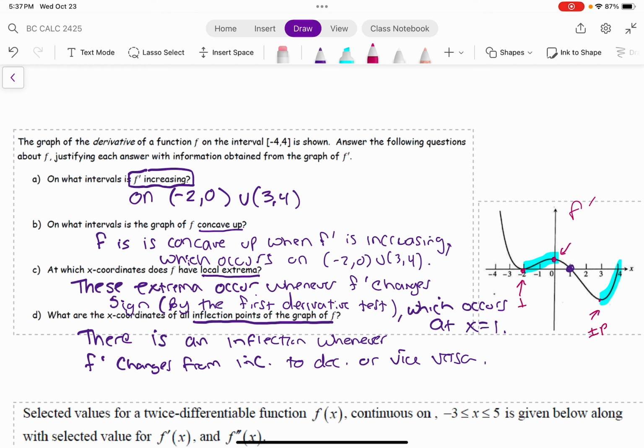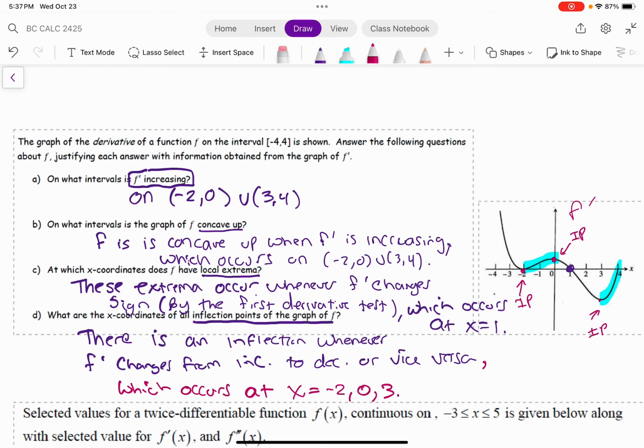Those are all inflection points because that's when f prime changes from increasing to decreasing or vice versa. So let's just say which occurs at x equals -2, 0, and 3.